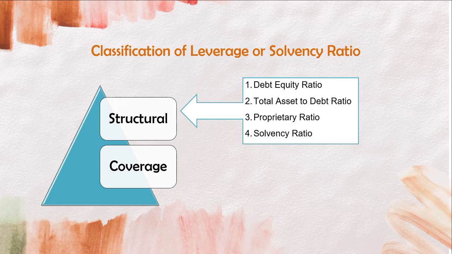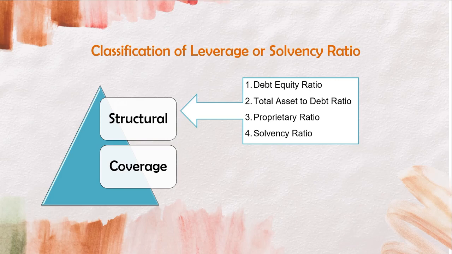And the next classification is coverage ratio. Coverage ratios are those ratios which are used to ascertain the firm's capacity to pay the interest and dividend regularly.